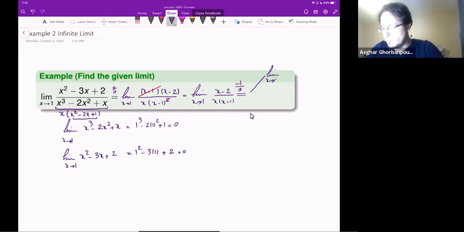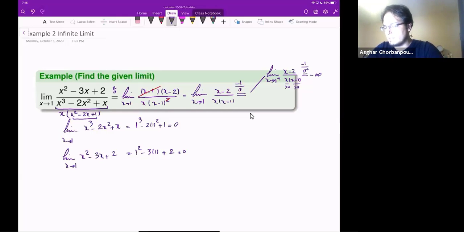As x goes to 1 from the positive side, the numerator has limit negative 1, but the denominator part is positive, very small but positive numbers.